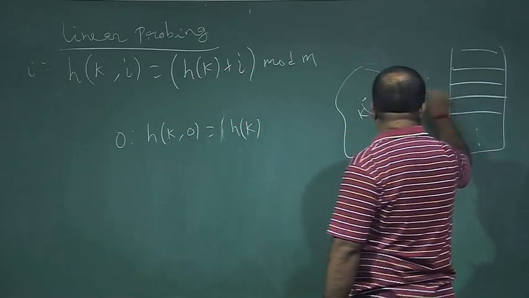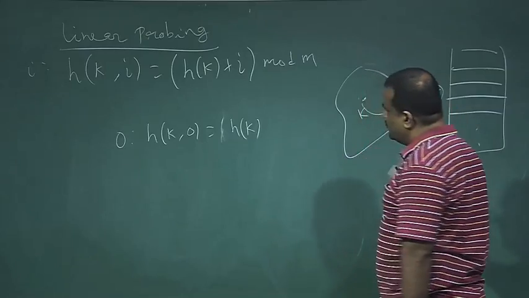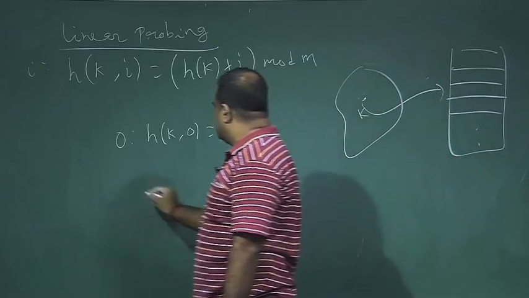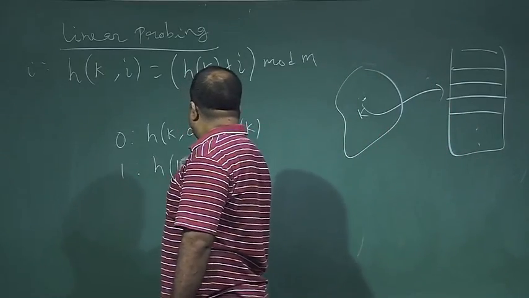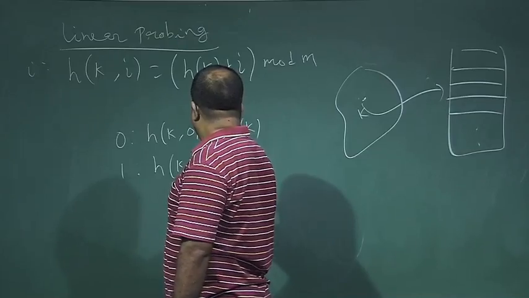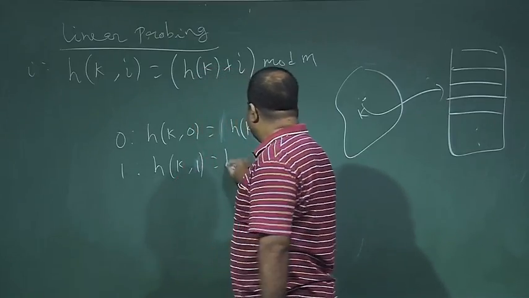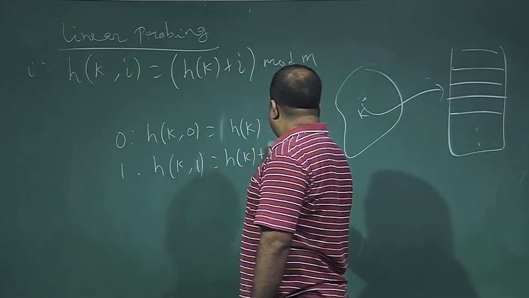If the slot it hits is not empty, then we go for the next probe, which is h of k plus 1 mod m.